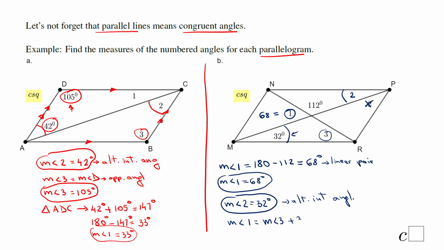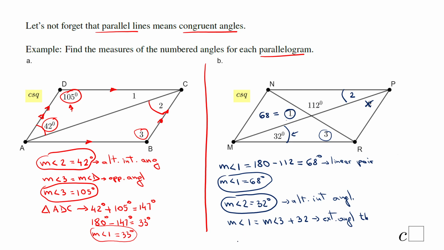So I use here a theorem that says the exterior angle of a triangle, so exterior angle theorem, is equal to the sum of its two remote interior angles, which in this case are 32 and 3.